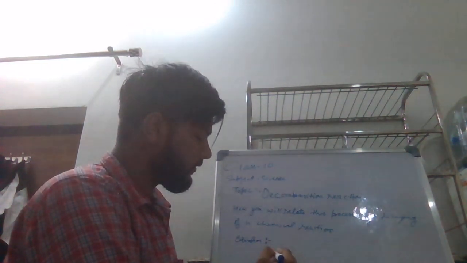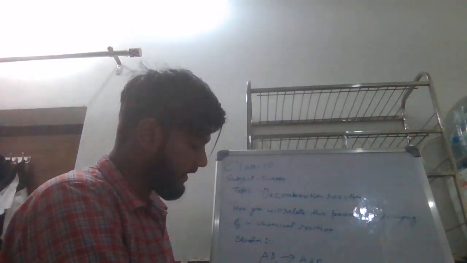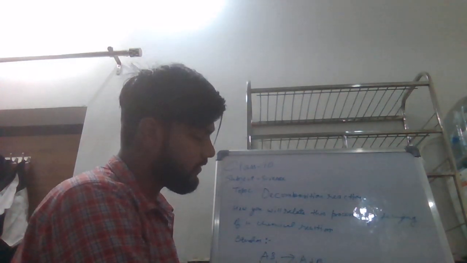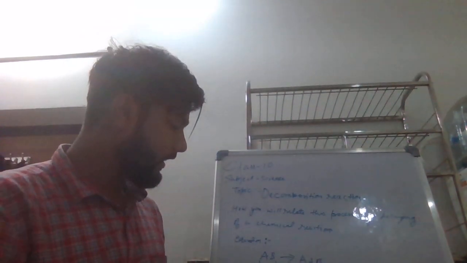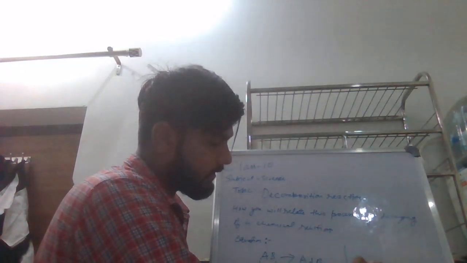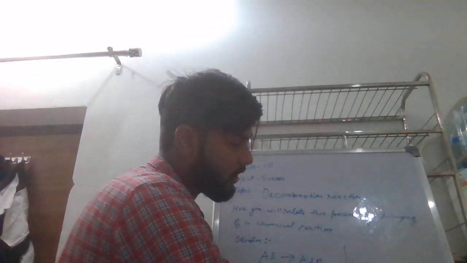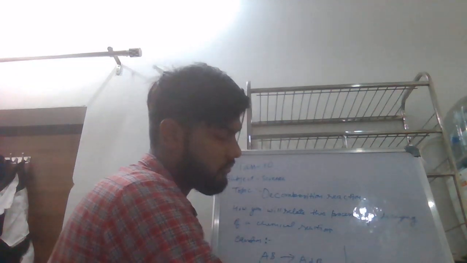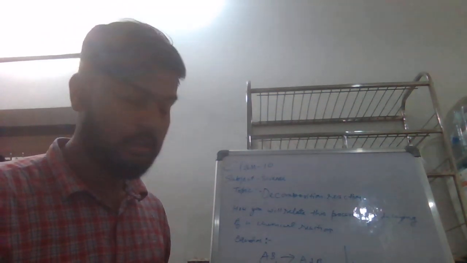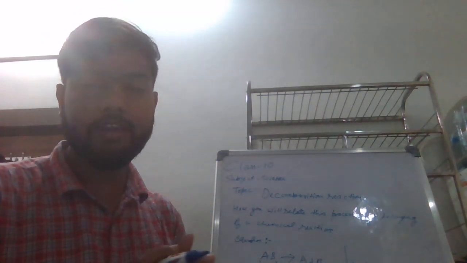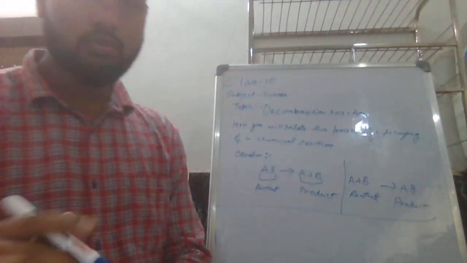AB reacts to give A plus B. So AB will be the reactant, and A plus B will be the products. In a combination reaction, A plus B is the reactant and AB is the product. So this is opposite to the combination reaction.